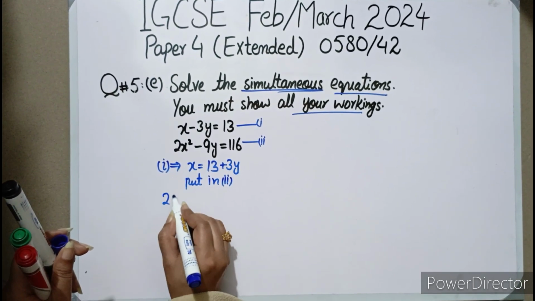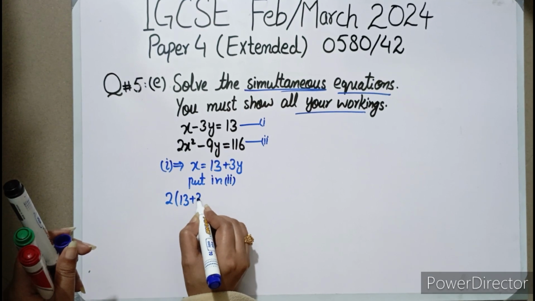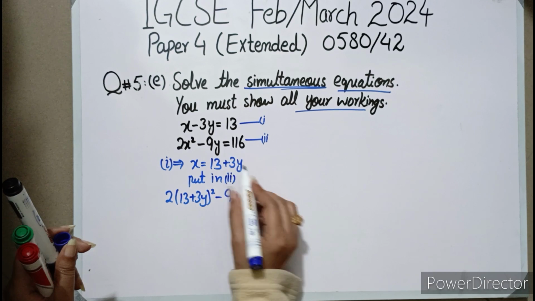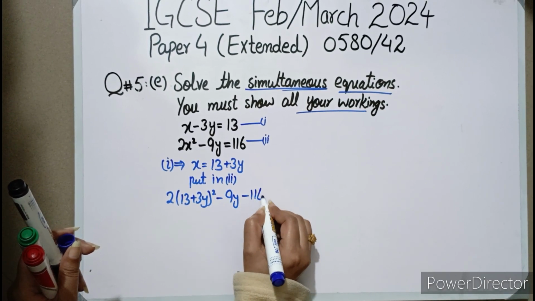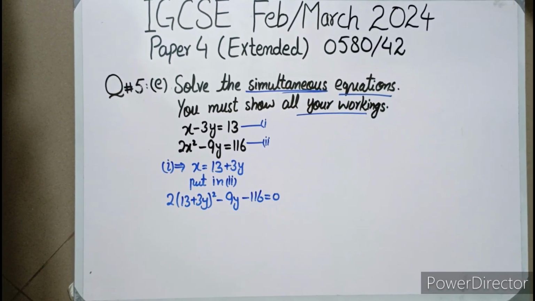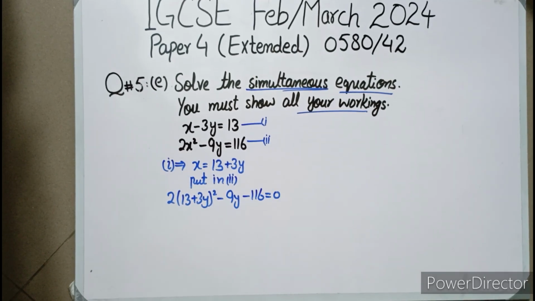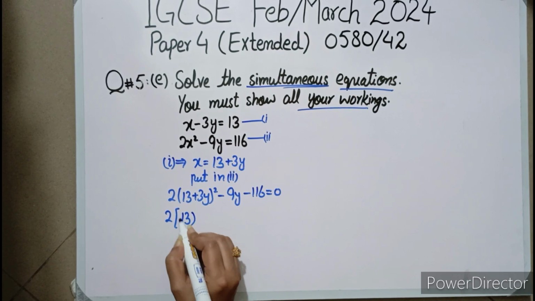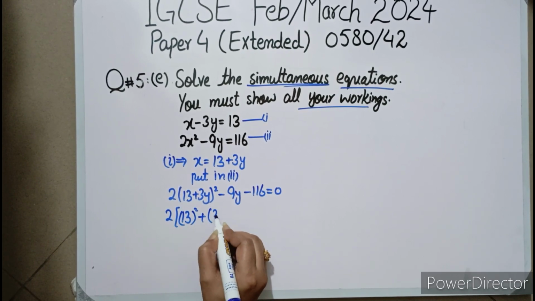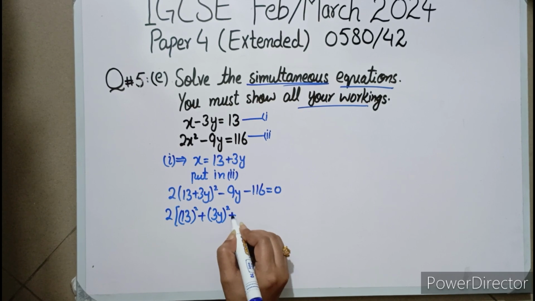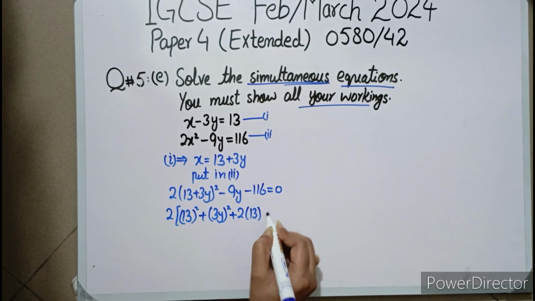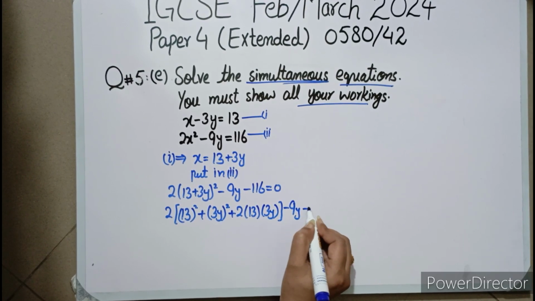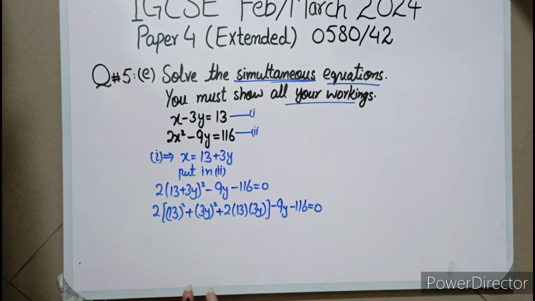What you will get? 2 into 13 plus 3y whole squared minus 9y, and shift this 116 over here, is equal to 0. Now simply expand the expression. You will get 13 squared plus 3y squared plus 2ab minus 9y minus 116 equals 0.